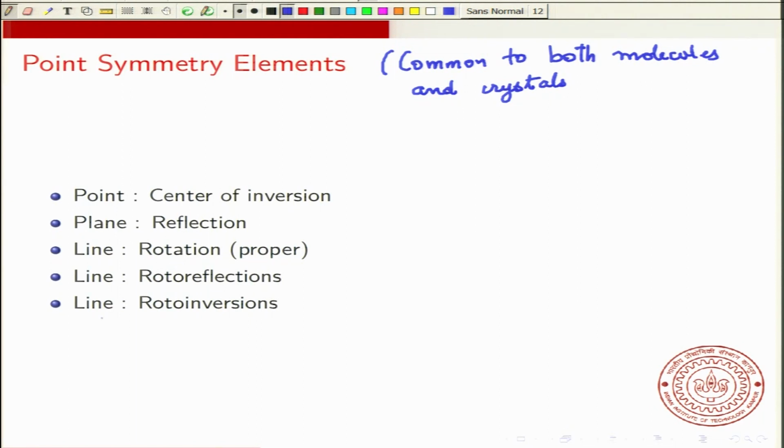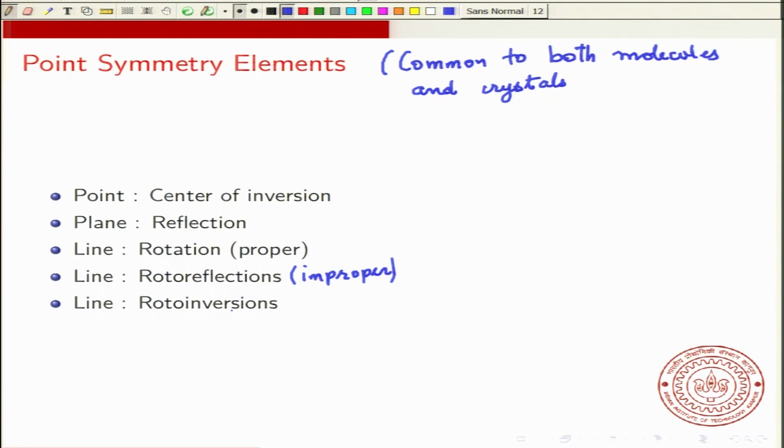You can have a line which can be an axis of roto-reflection, so a rotation followed by a reflection. This is also referred to as improper rotation, especially in molecular group theory. You can also have roto-inversions, which is a rotation followed by an inversion. So, these are the different symmetry elements and symmetries that we have.